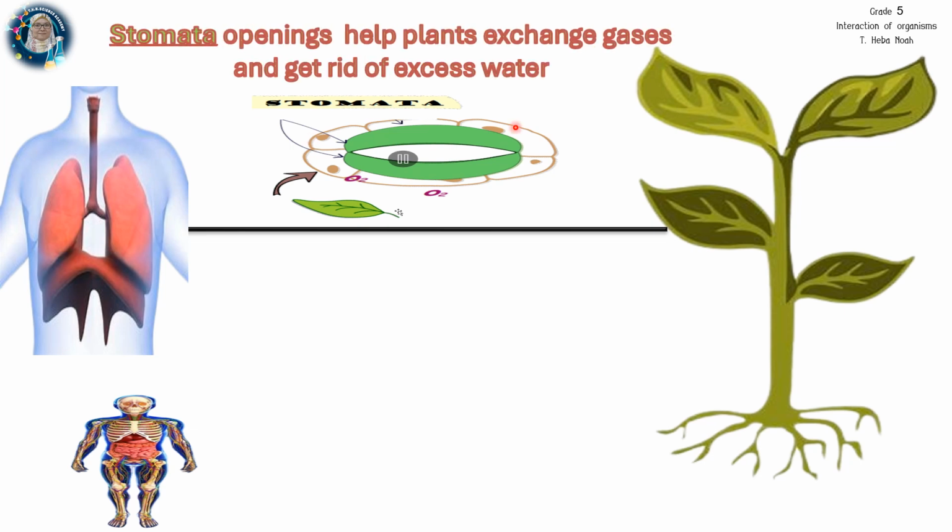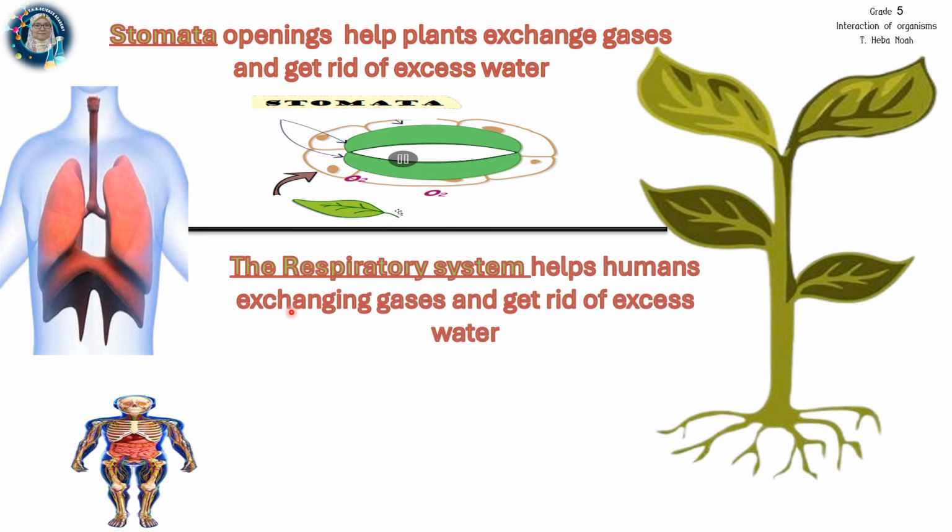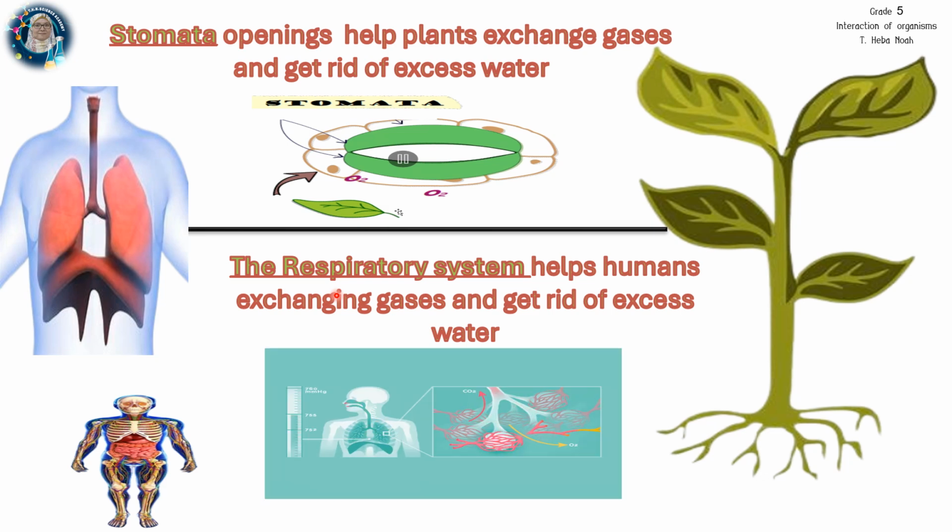Stomata openings help plant exchange gases and get rid of excess water. The respiratory system help a human exchange gases and get rid of excess water. تمام؟ تمام. The respiratory system ودي الستوماتا exchanging gases. اوكي.